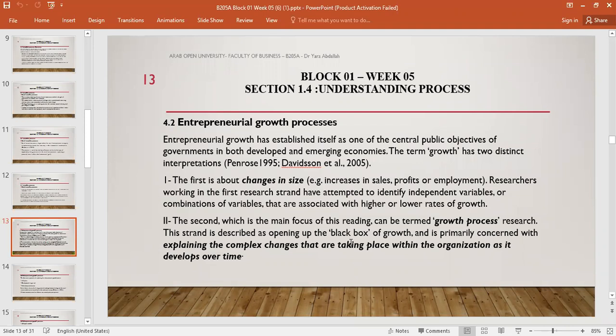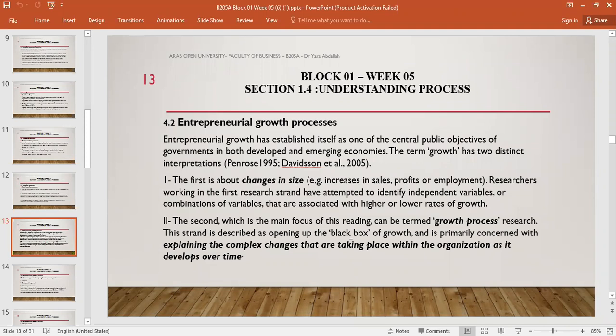The human being or the teenager will be mature, and the firm will transfer from the growth stage to the maturity stage. Then the human being will die, and the firm will decline or exit.